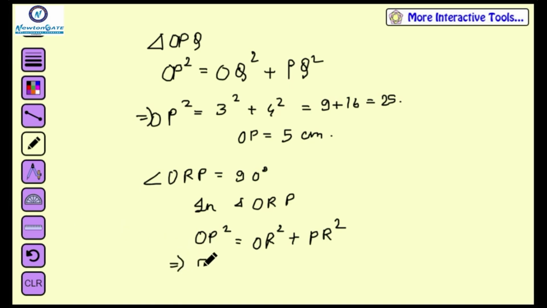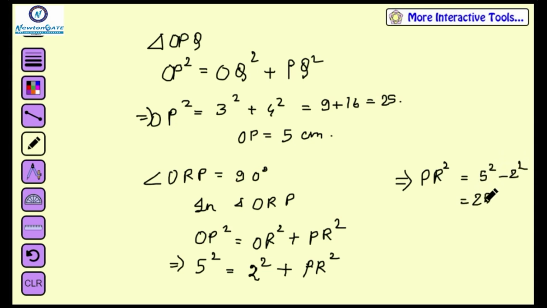Now the value of OP is 5. So 5 square equals OR, which is 2, square plus PR square. So PR square equals 5 square minus 2 square, 25 minus 4 equals 21. Therefore PR equals root 21 centimeter.